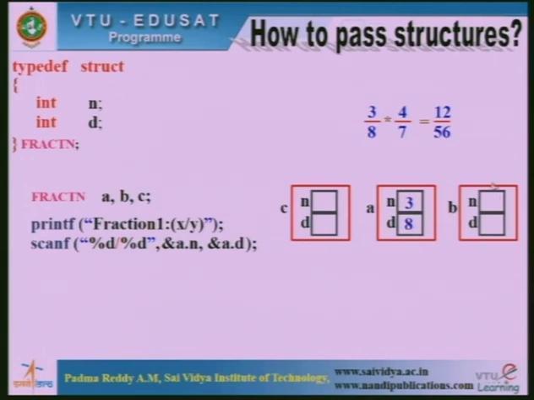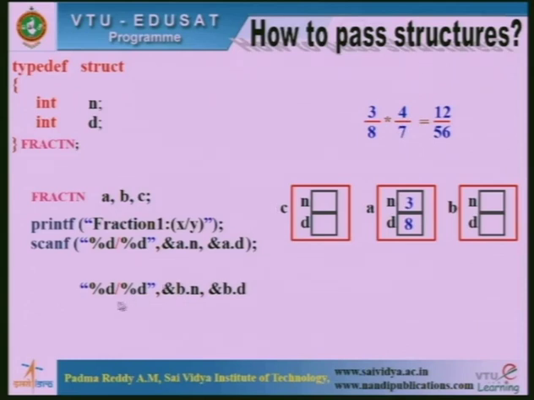Similarly, I have to read the value for b. So here what is the input? This is the numerator and this is the denominator. So b dot n and b dot d, into these two memory locations I have to copy this. So what do we write here? Ampersand b dot n and ampersand b dot d. Both the numerator and the denominator are of type what? Integer.